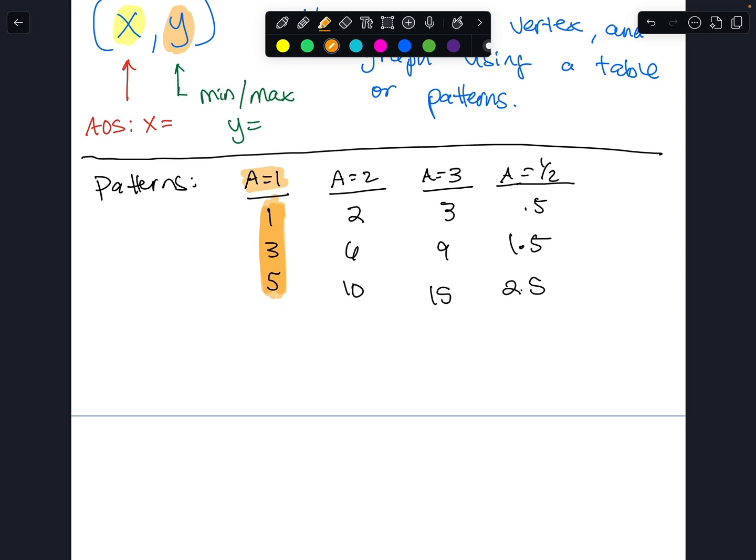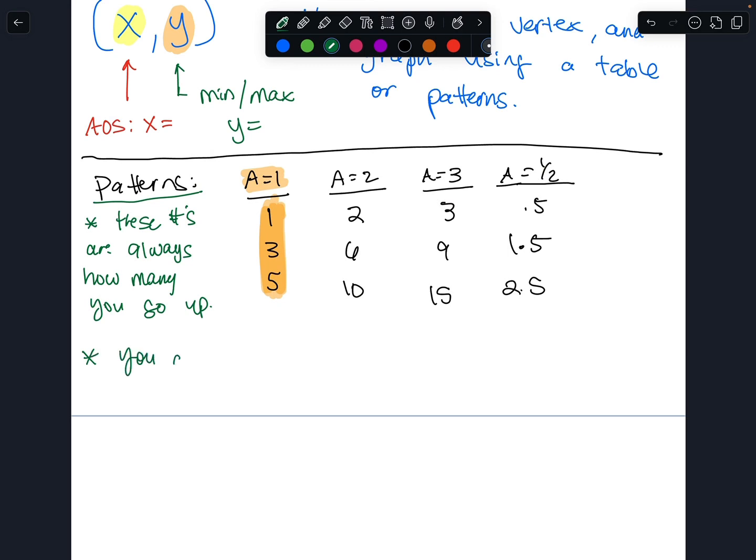Hopefully that makes sense. Now, for your patterns, these numbers are always how many you go up. And another thing I want to point out, you always go over 1. Okay? All right, there's that.